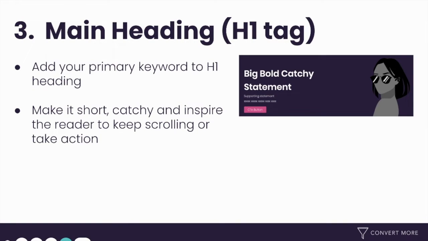It's the first thing Google sees when it crawls this page. So you need your primary keyword here in this heading. Without this keyword, if you use something else, Google's not going to understand straight away what this page is about. So make sure you get that keyword in and make sure the title is strong and bold and encourages people to take action.